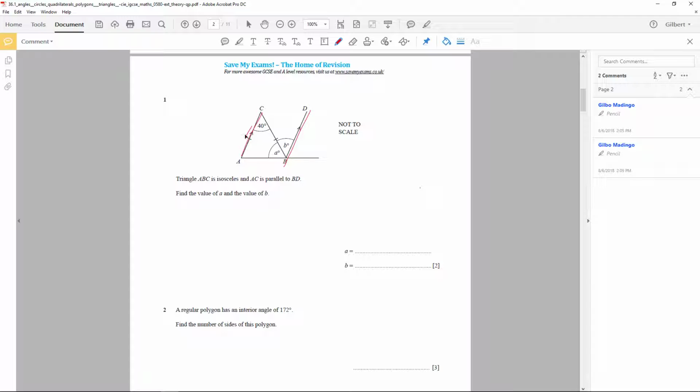Notice that in this parallel line here, you have two of these dashes. These mean that they are isosceles triangles, meaning to say this angle is exactly the same as this angle here. So if you were to use a calculator, 180 minus 40, you would have gotten 140. 140 is equals to 2a.